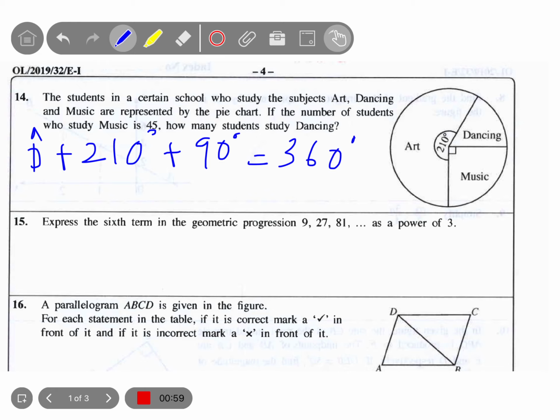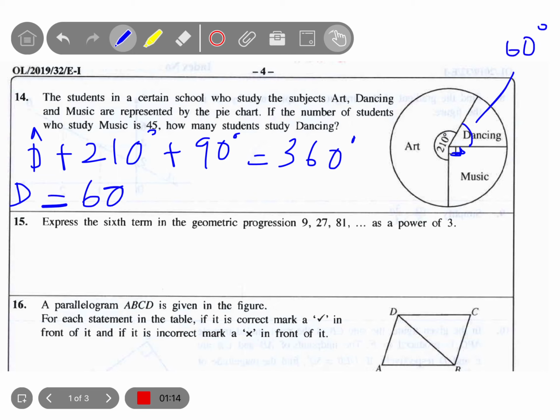This is 90 because it's a right angle. That's what that sign means, right? So 210 plus 90 is 300, so that means D is 60. Now that's the angle, right?